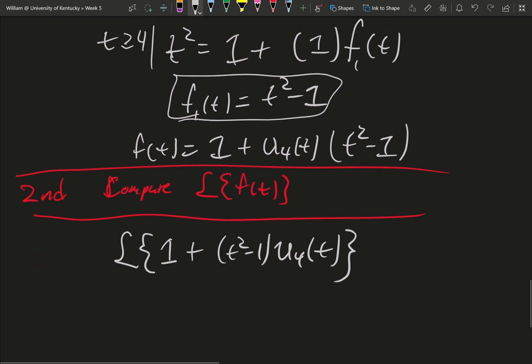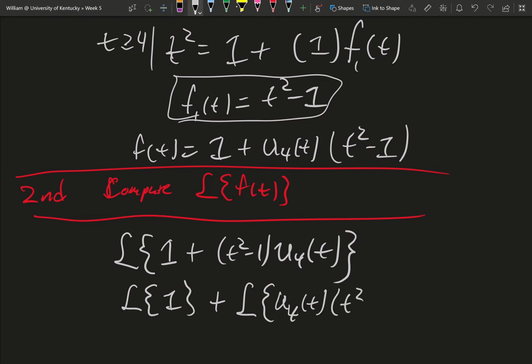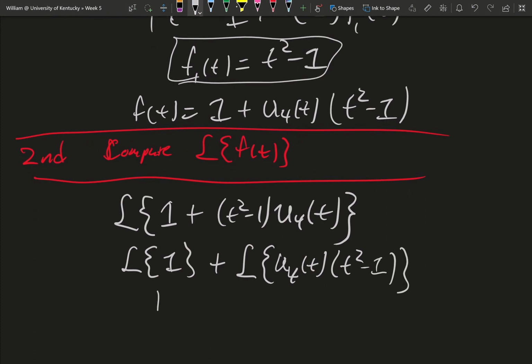So for this first part, we can split it up: the Laplace transform of 1 plus the Laplace transform of u4 of t times t squared minus 1. We know this is just going to be 1 over s plus e to the negative 4s times the Laplace transform of t plus 4 squared minus 1.